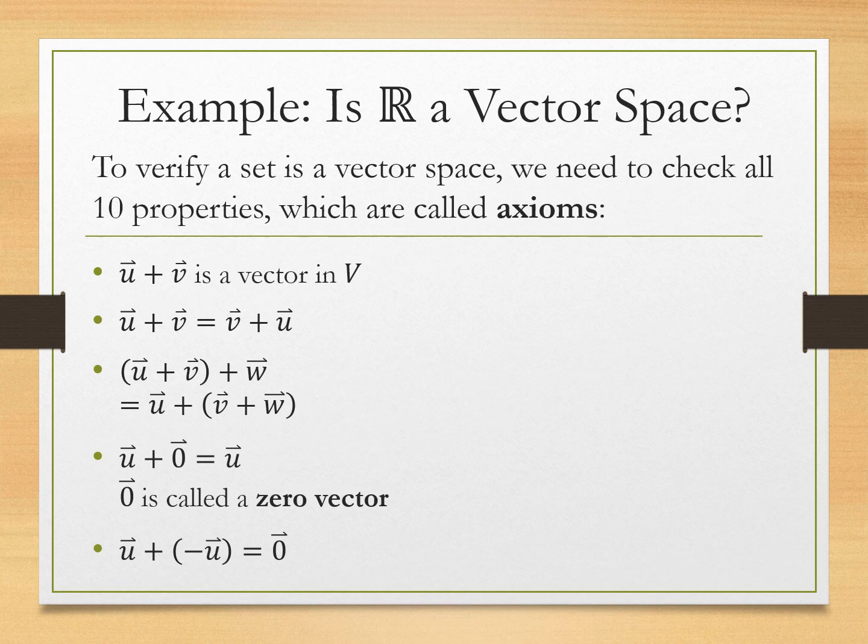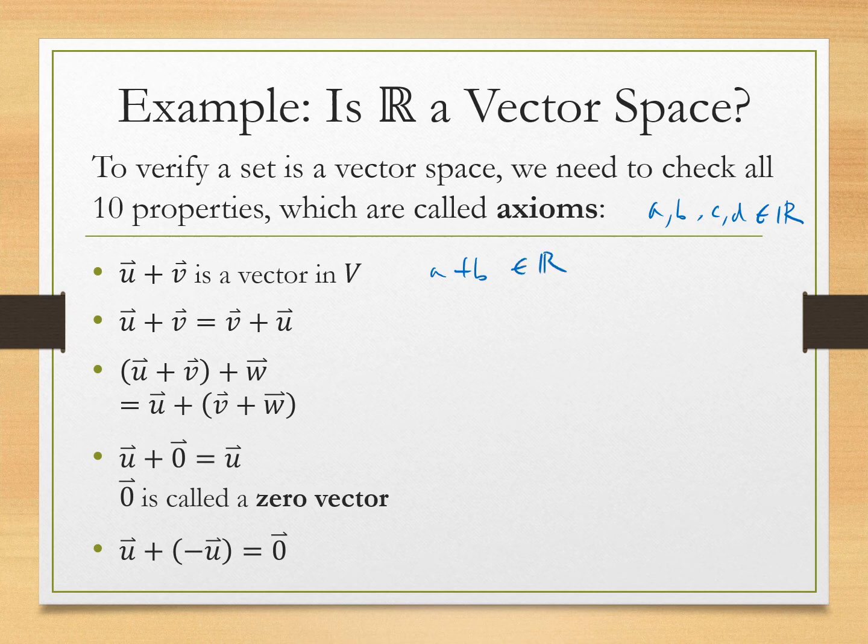So in the case of real numbers, it's quite simple. You want to show whether the real numbers form a vector space. Let's say you have A, B, C, D belonging to the real numbers. Then A plus B obviously is a real number.